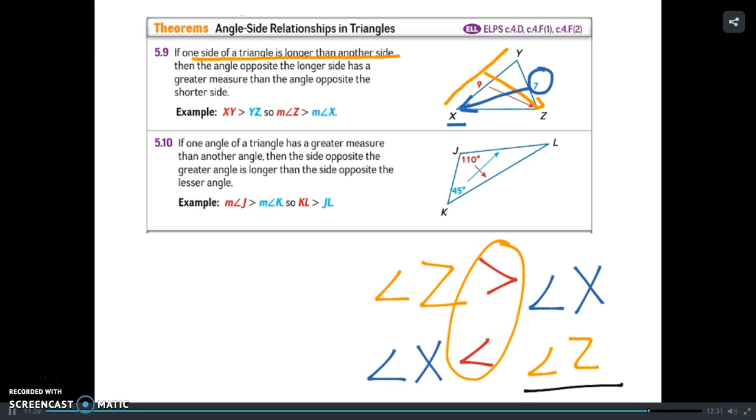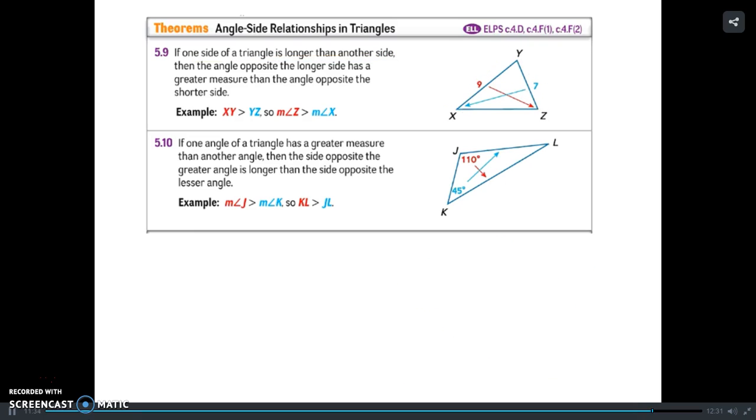The second theorem on here says that if one angle of a triangle has a greater measure than another angle, then the side opposite that angle is longer. So this time we're starting with the angle. Here we have angle J across from side KL.